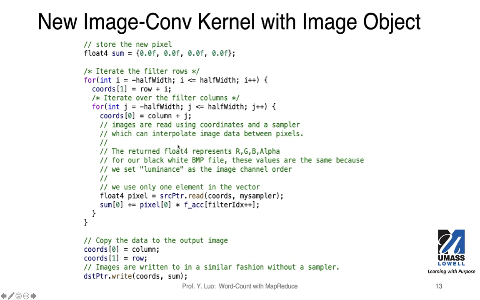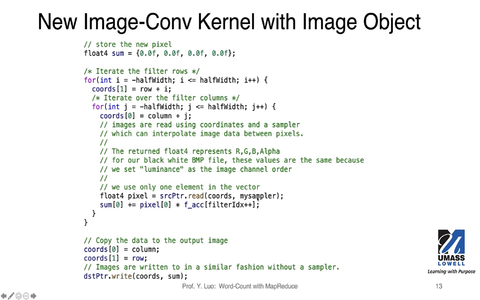And we can then use an image specific function, read. With this accessor to the image object, we can read the values from a pixel. The read function takes 2 arguments: the coordinates, which specify the row and column, and then the sampler object.